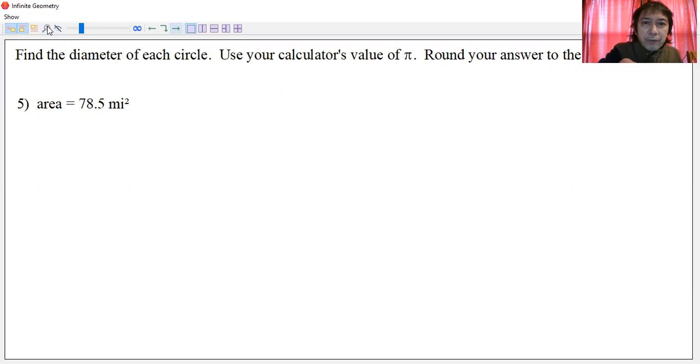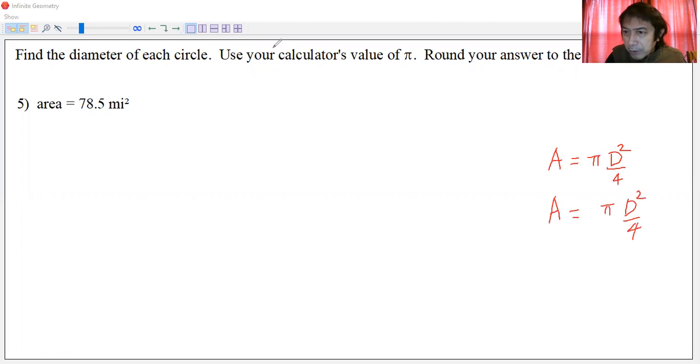So a little algebra from the original formula. The area of a circle is equal to pi d squared over 4. If you multiply both sides of the equation by 4, you have something like this. So 4 times a here.